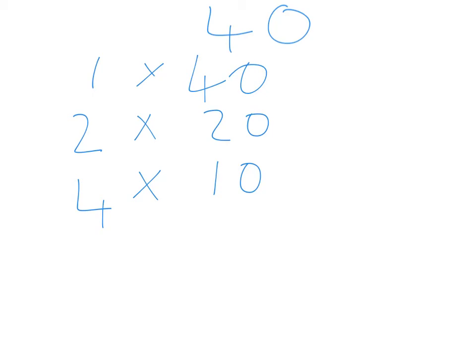And 5, have we got 5 and anything? Yeah, we've got 5 and 8, haven't we? 5 and 8. These all make 40. Okay? 6 and 7 are not factors of 40. 8 is a factor, but we already have it here. So we know we have them all.